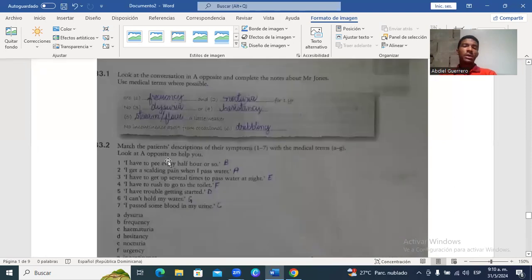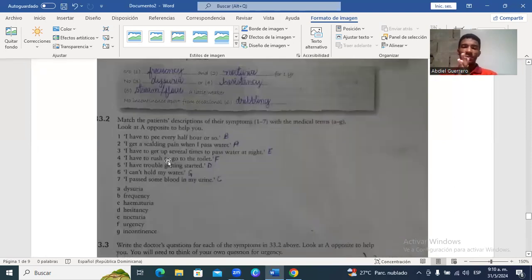33.2. Match the patient's descriptions of their symptoms, 1 to 7, with the medical terms A to H. Look at A opposite to help you. 1. I have to pee every half hour or so. 2.